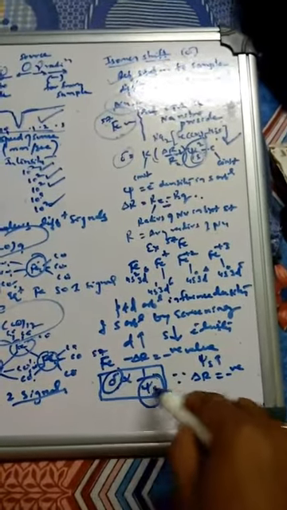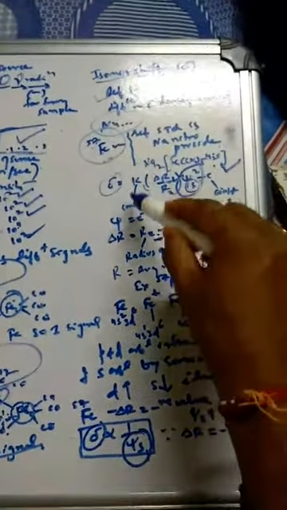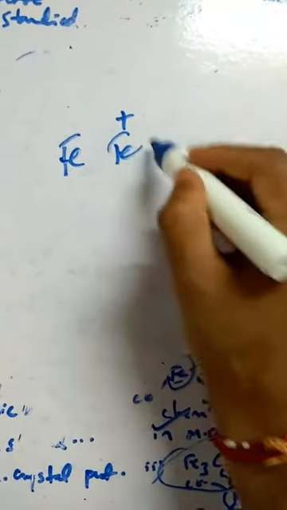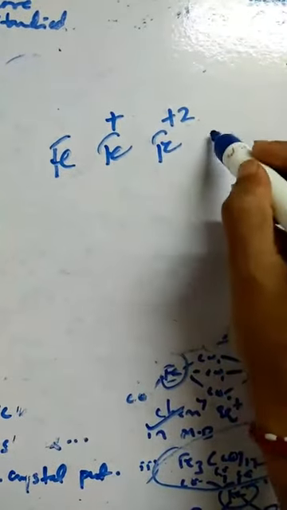Okay, now taking this consideration and this formula, we will consider three examples. What are these examples? Fe, Fe+, Fe+2 and Fe+3. What is Fe?